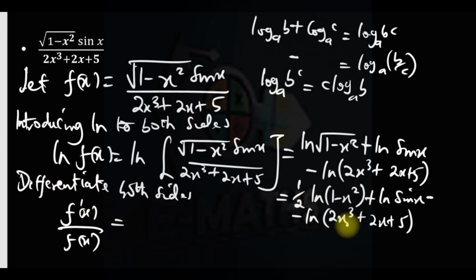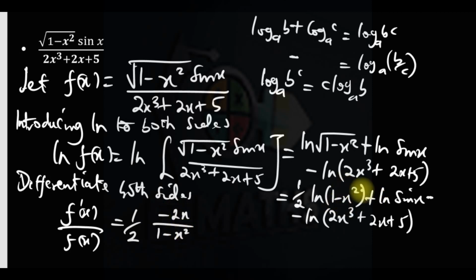So let's differentiate this now. I just simplified this further so that I can differentiate it faster. If we differentiate this, it's very simple. This is half. The derivative of this is minus 2x over (1 minus x squared).